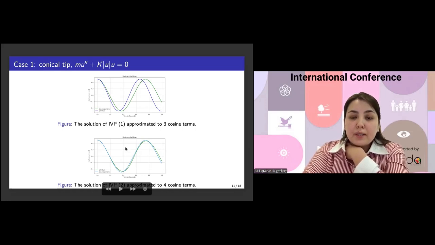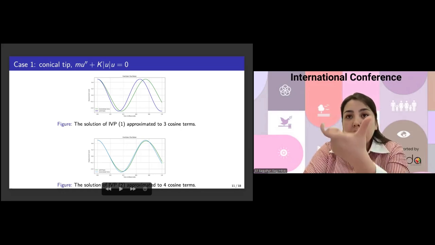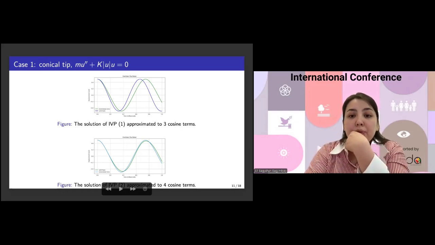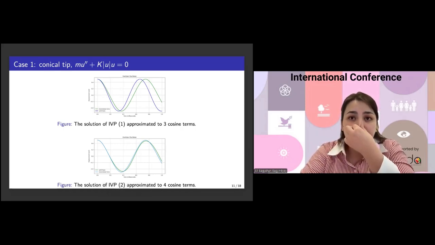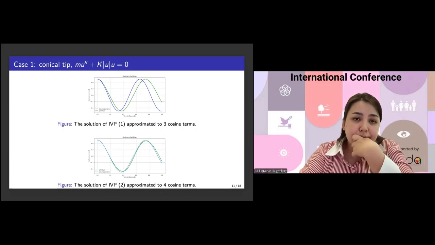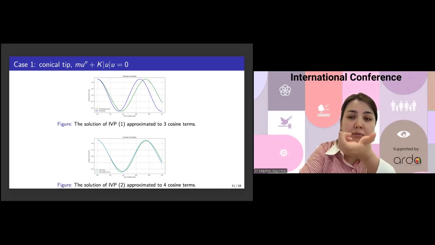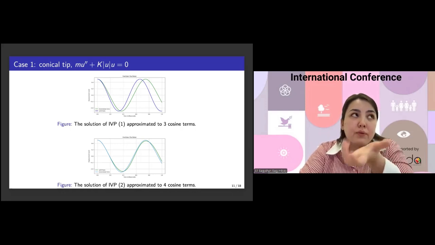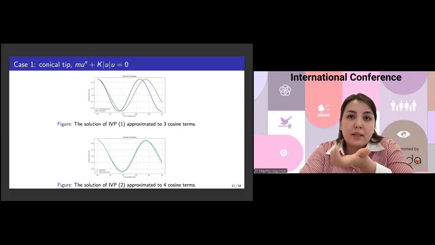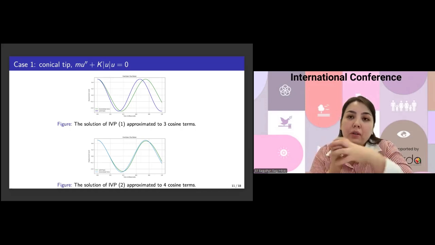The first graph shows the approximation with the 3 cosine terms. The second graph shows it with the 4 cosine terms. That is why this 4 frequency approximation improves the agreement, and so we can say that the comparison supports the validity of our approximation method.